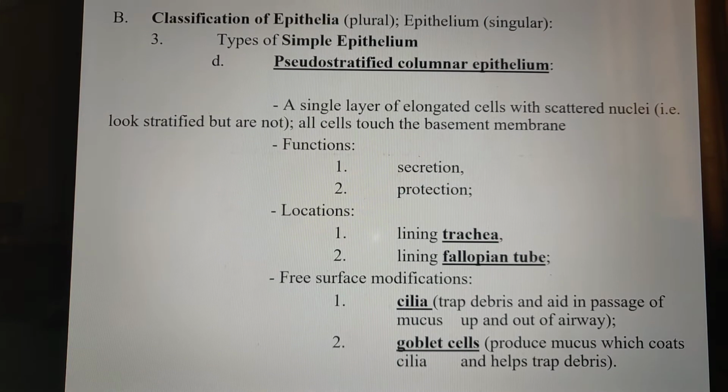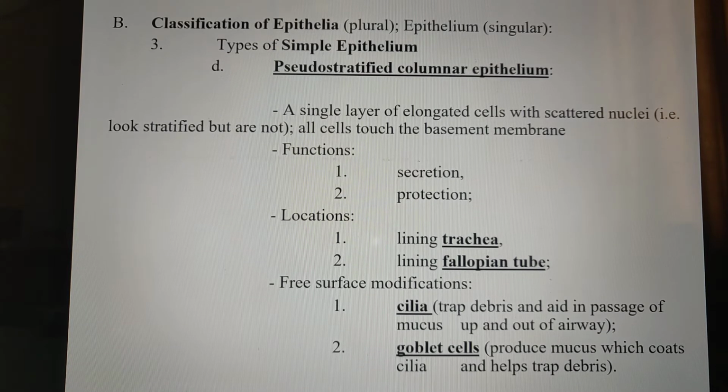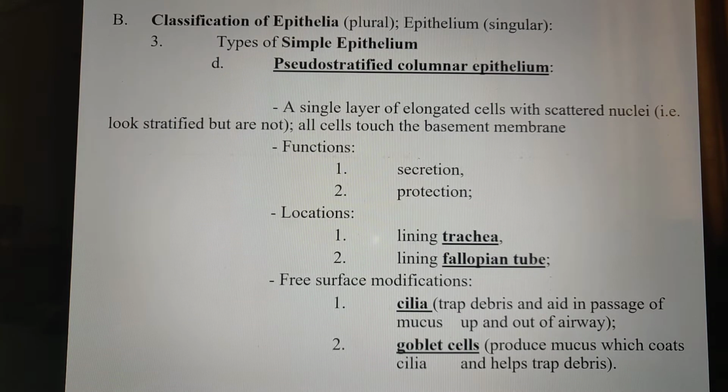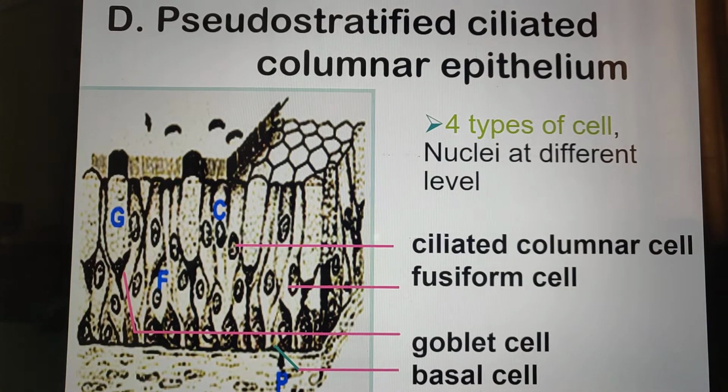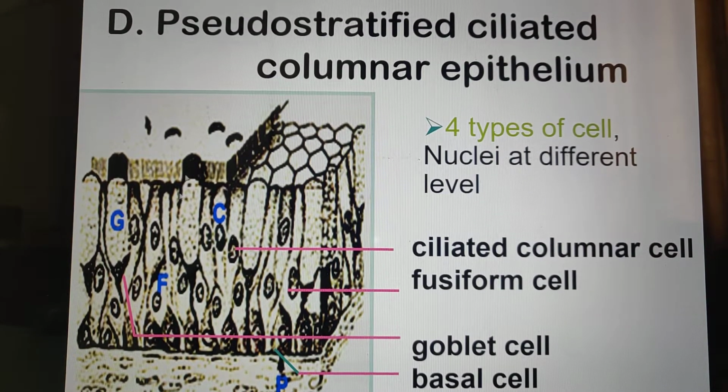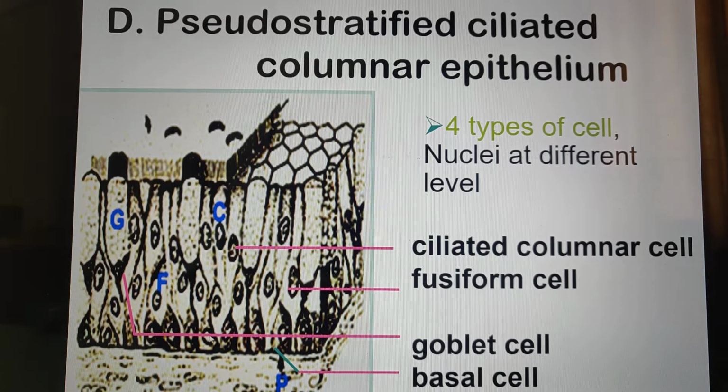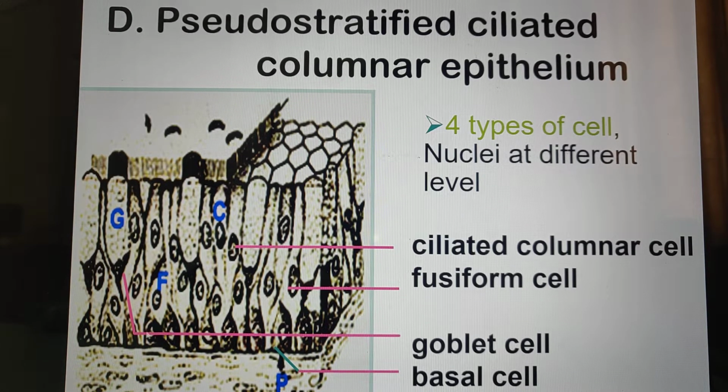So these are the four main types of simple epithelium: simple squamous, simple cuboidal, simple columnar and pseudostratified columnar epithelium. Here you can see the diagram, of single layers of cells. Always remember all these cells.